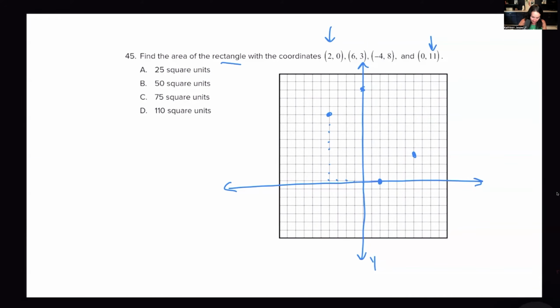Okay. Now I can see that this has got 4 coordinates. And if I draw my rectangle here, I can see that they're making it hard on me. I can't just find the area based on the units and the squares because it's tilted. So now what do I have to do?